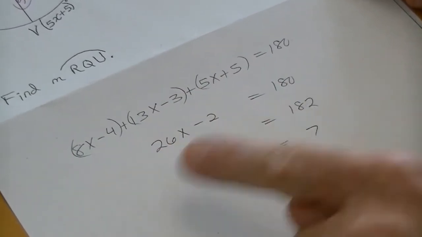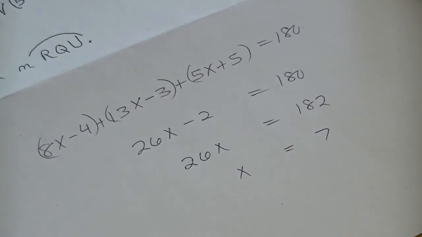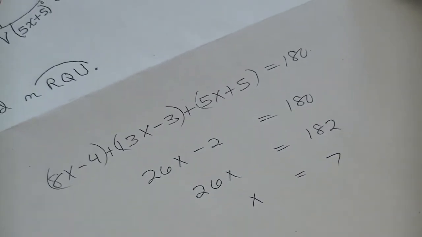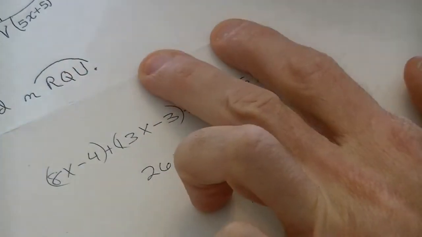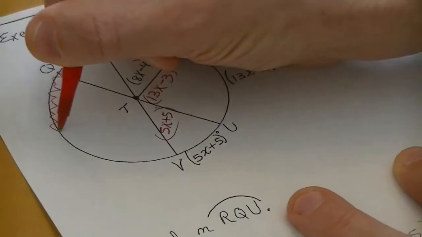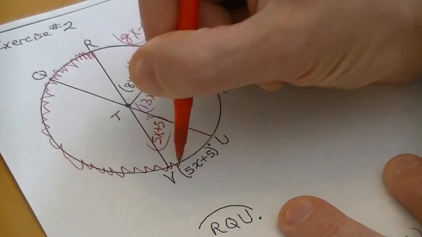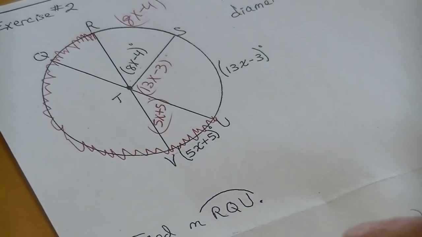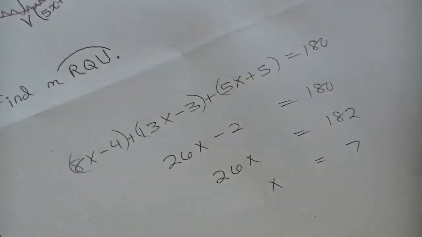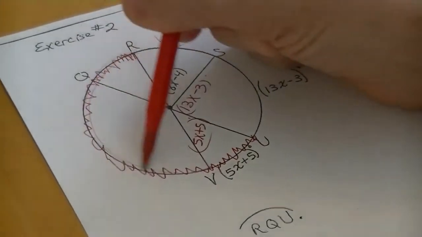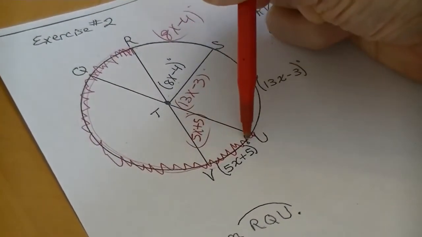You go through your algebra, solve for x. X comes out to be 7. You can pause that if you need to see that algebra. So if x is 7 and I want to know the measure of arc RQU, which is this arc from the R through the Q to the U, then let's see. Well, again, this is 180 degrees because that's a semicircle, so I just need to add this piece.